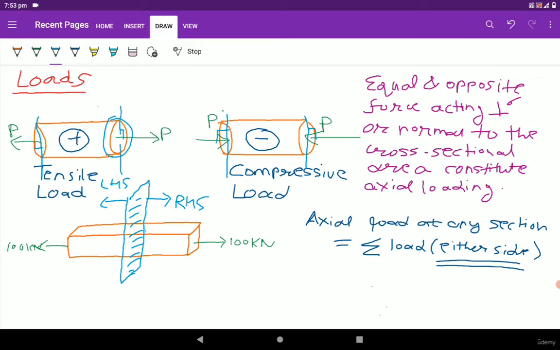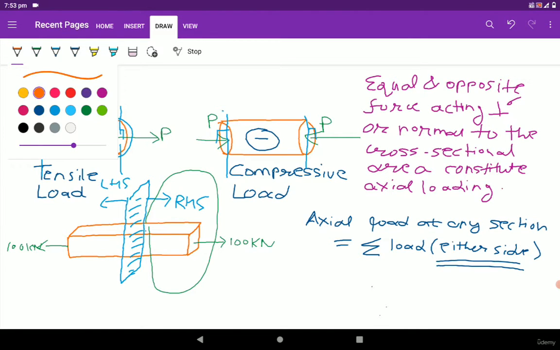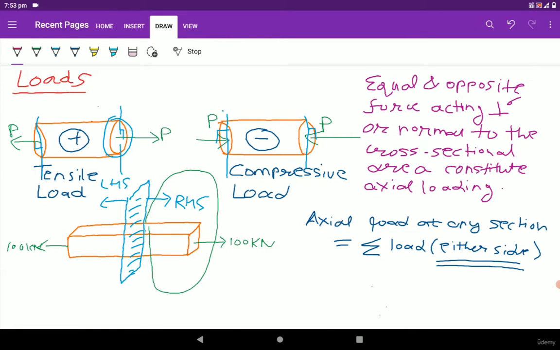So for calculating the axial load, we can either take the right hand side part, or we can take the left hand side part. So it's up to you. For this case, I'm going to take left hand side part.